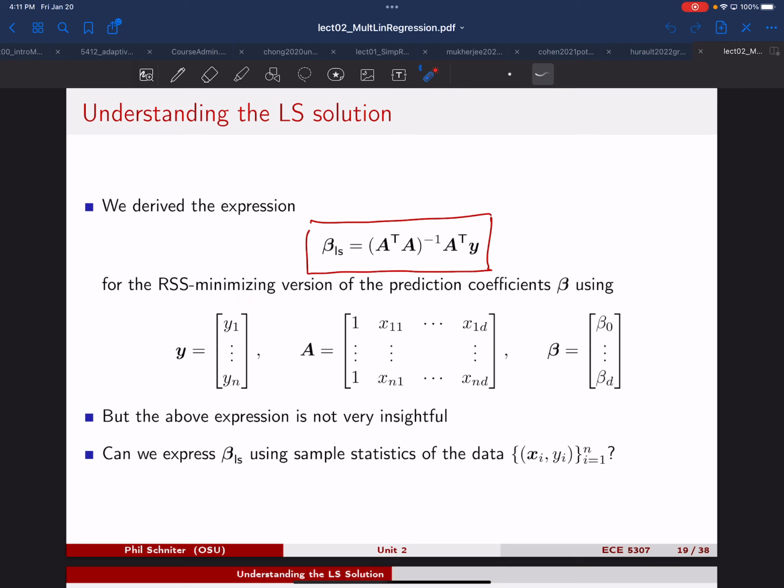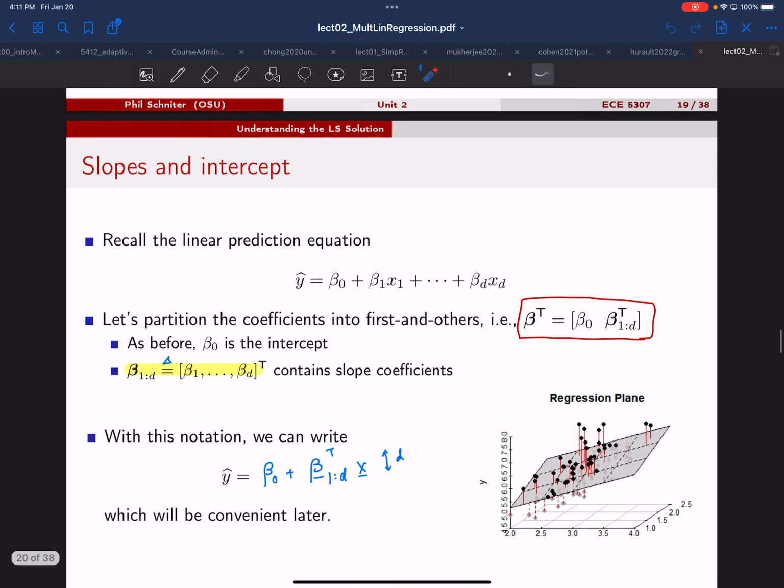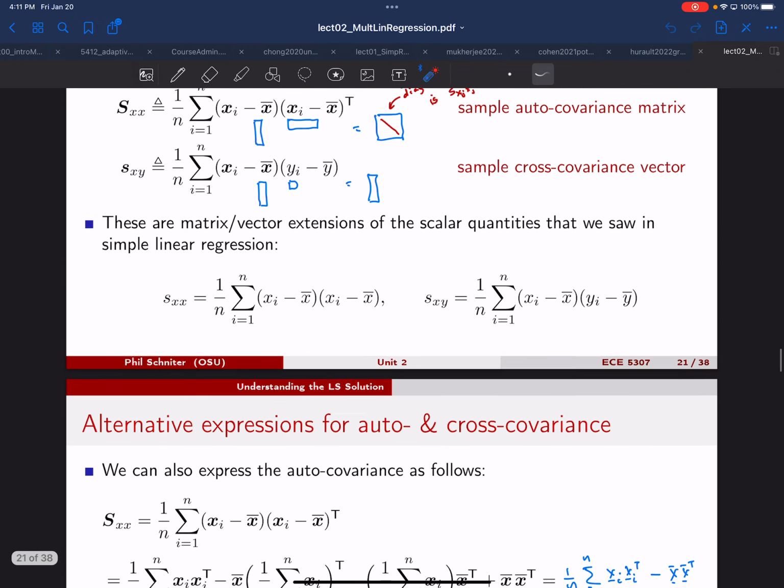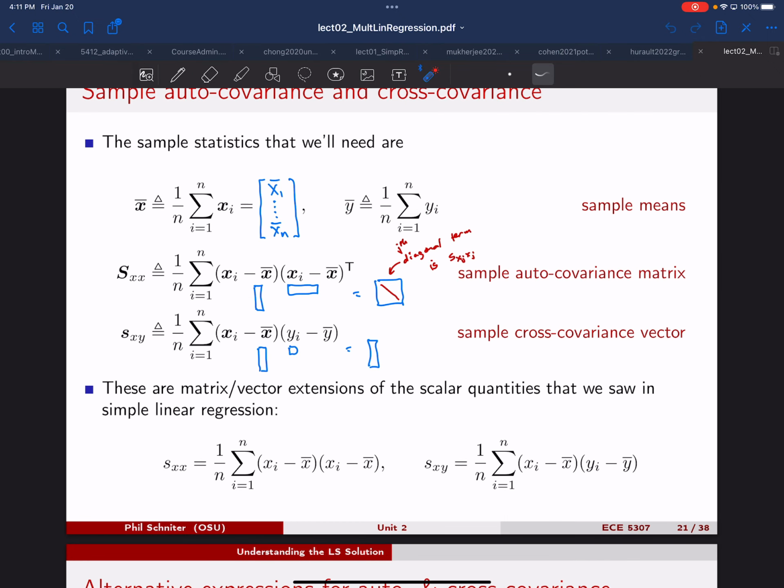But then we said that this expression may not be very insightful because of the complexities of how A is being used and because of this column of ones that we added. So then the next thing we did was we looked at the problem a slightly different way, where we took out the beta 0 term and treated that differently from all the slope terms, which we called beta 1 through d. And then we defined some new statistics.